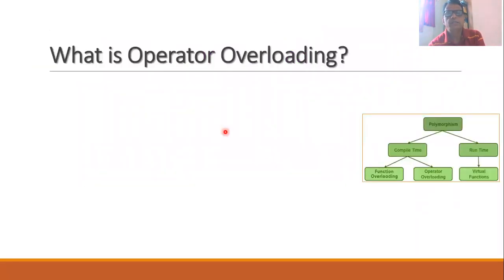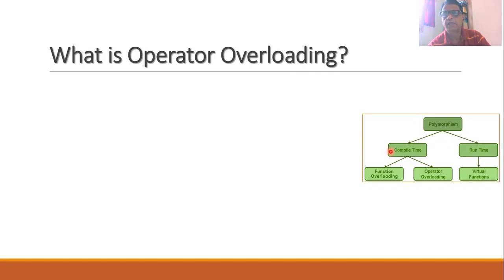So we will start the session with the question: what do we mean by operator overloading? We know that in C++ we can make use of polymorphism. Polymorphism is widely used in C++ programming language. Poly stands for many, morphism stands for forms. Polymorphism means many forms. In C++, polymorphism is of two types.